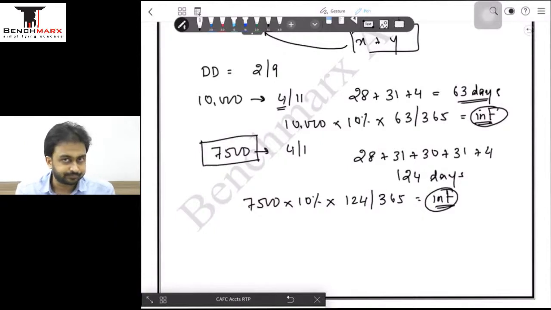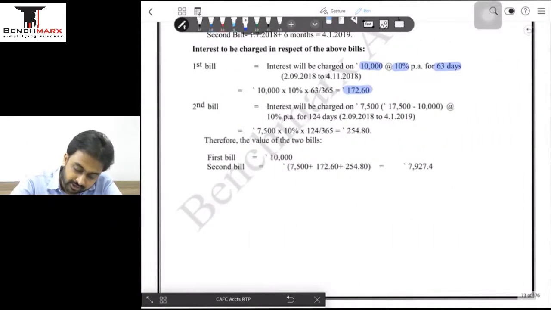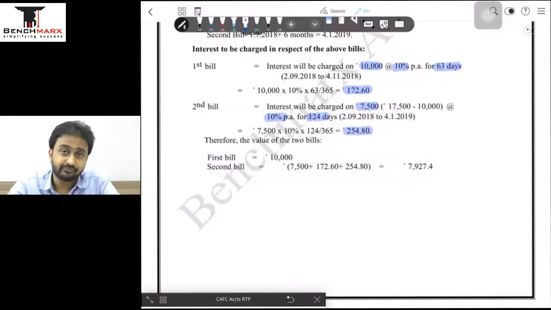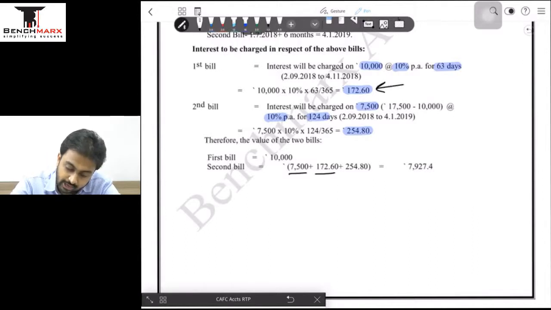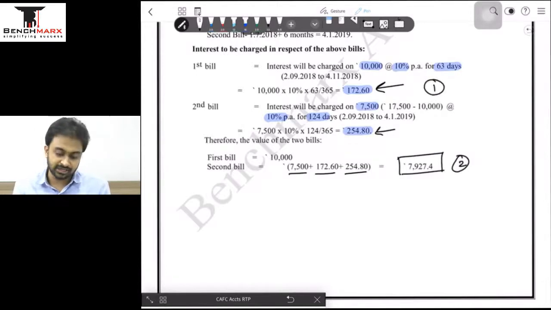Let us verify this. 7,500 is the balancing figure and 10% on 124 days comes to 254, and the fresh bill is going to be drawn along with interest. So 7,500 plus the interest on this one and then plus the interest on that one is the amount of the second bill drawn. So bill number 1 is 10,000, bill number 2 is 7,927.